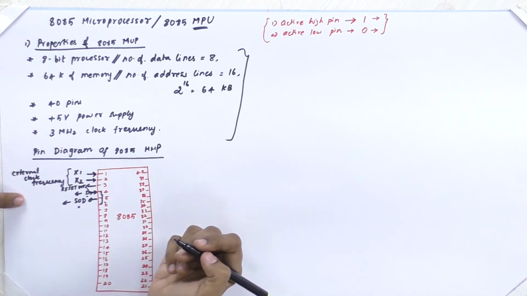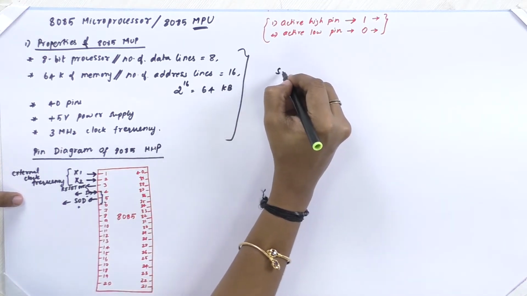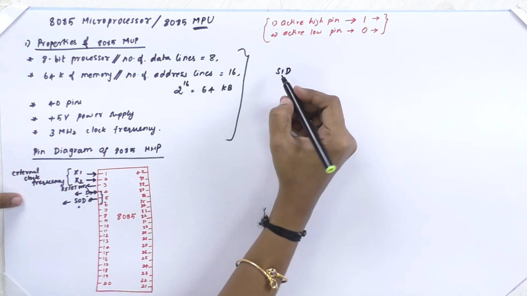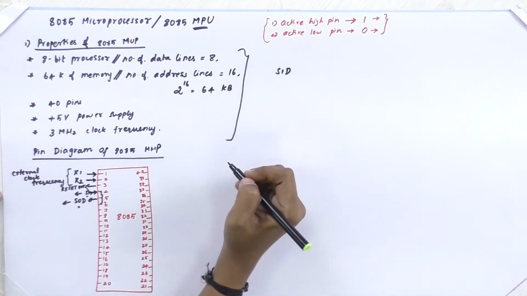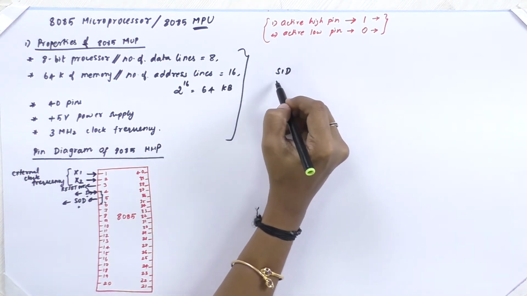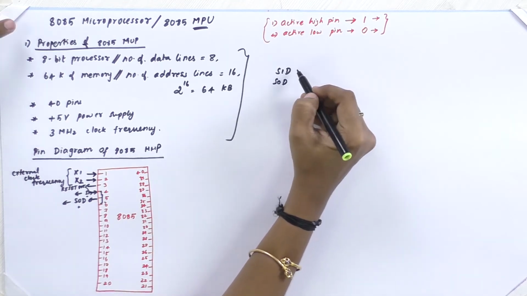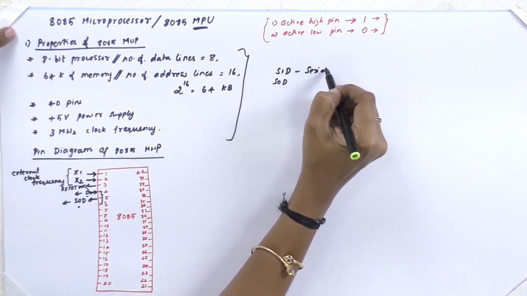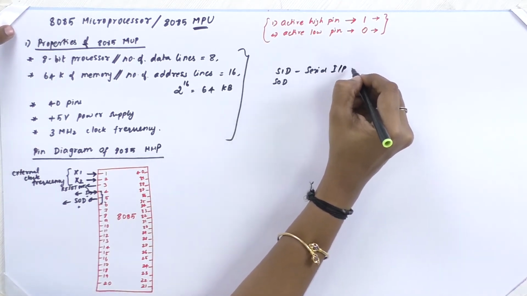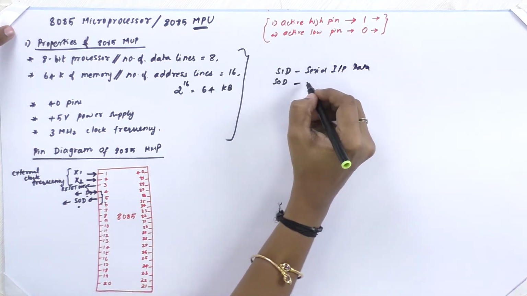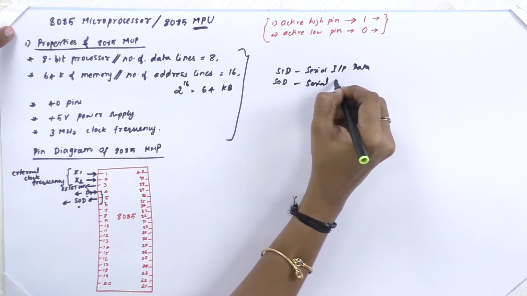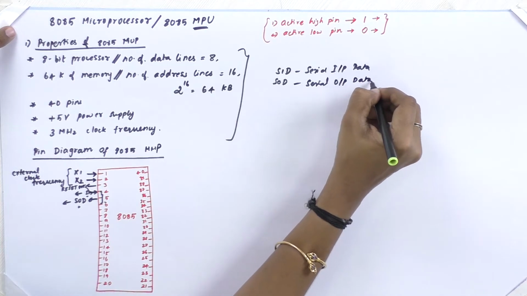So we have to look into these two pins, SID and SOD. SID refers to serial input data and SOD refers to serial output data.